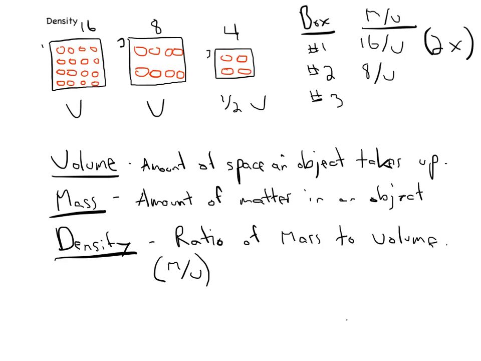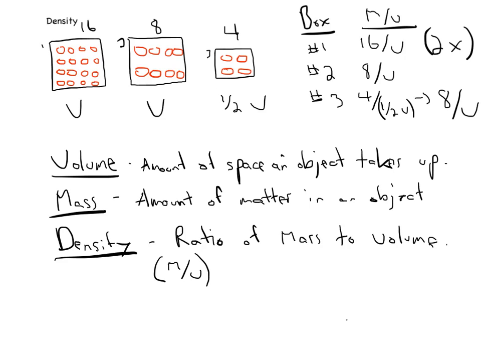What about this box? How does its density compare? Well, it has 4. So we go over here, it has 4 particles, but the volume is half as much. So it's 4 over 1/2 V, which you can simplify, and if you have a half in the denominator, you multiply the numerator by 2, and what you end up with is 8 over V. So these two boxes actually have the same density, which means that the ratio of mass to volume is the same.